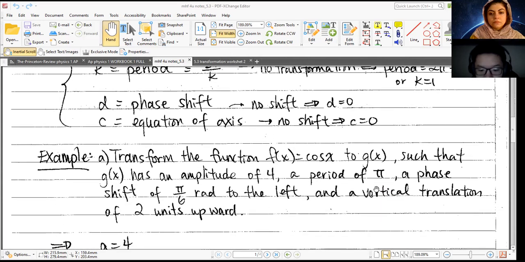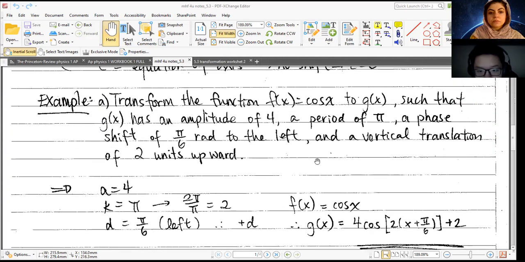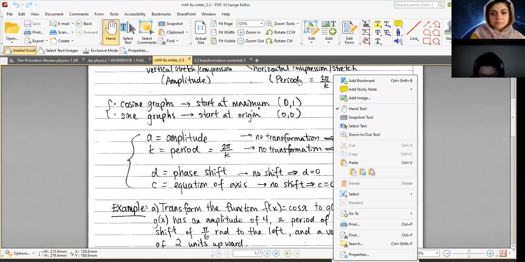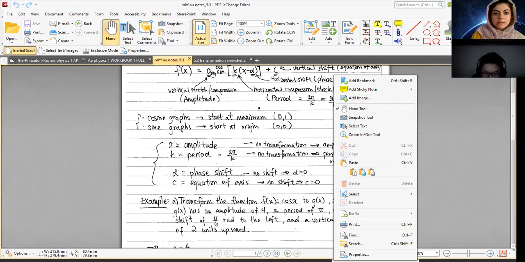Now, let's do a question together. An amplitude of 4 means A is 4, right? I'll use another color. So A is equal to 4, because we said the amplitude is A. I'll make it smaller for you to see. See, A is equal to the amplitude.